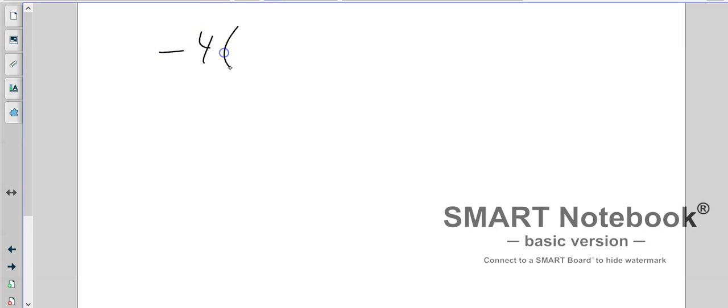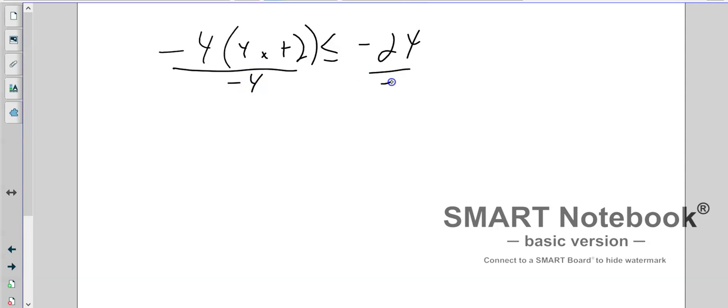Since the -4 is a factor of that -24, I can actually get rid of it first and have smaller numbers. So I'm going to divide by -4. Oh, as soon as I say that, I flip this. That gives me 4x plus 2 is greater than or equal to 6.